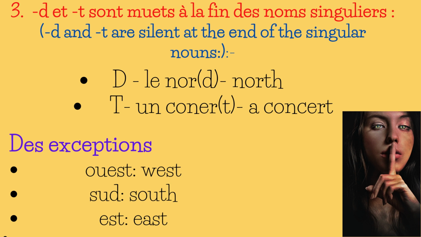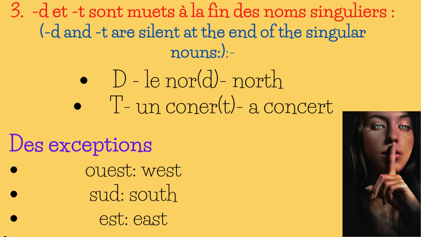For example, le nord, which means north. Le nord. And second one, un concert. Un concert, a concert. You can hear when I pronounce these two words, I don't pronounce the letters D and T. Le nord, un concert.